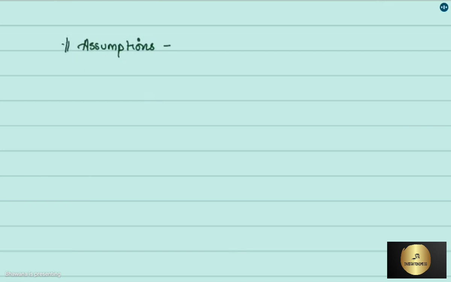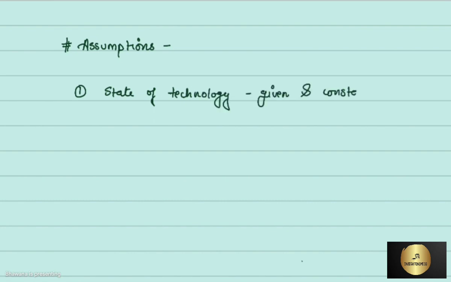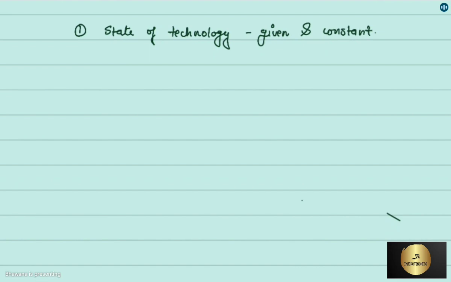First assumption is that this law will apply only when the state of technology is given and constant. That means whatever technology the producer is using in the production process, they will keep using that. Using that technology, keeping capital constant and increasing labor, the law of diminishing marginal returns will work, because when you increase labor, marginal productivity will fall. As a result, your output will increase, but at a diminishing rate, because the marginal product is slowly falling.